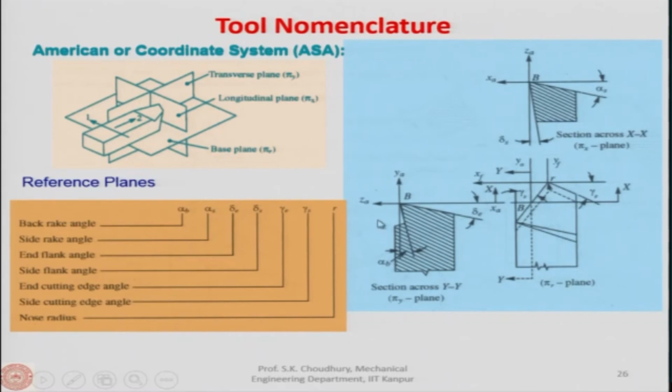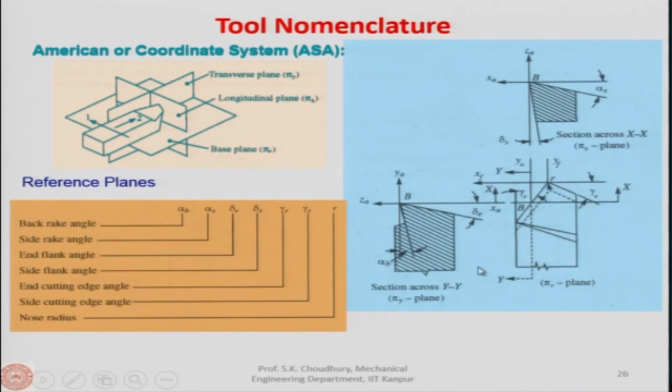So, look in here. This is the tool in the base plane, that is the Pr plane, the base plane. Now, at this point B, we will take two sections. One section is XX, along the longitudinal feed direction here, and another section is YY, along the transverse plane.